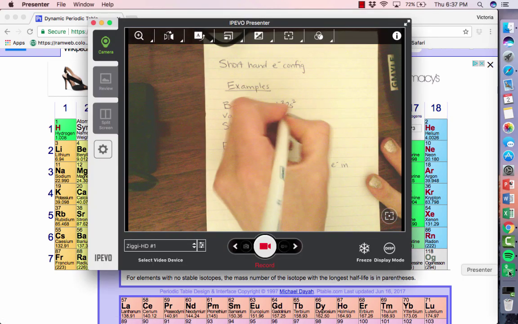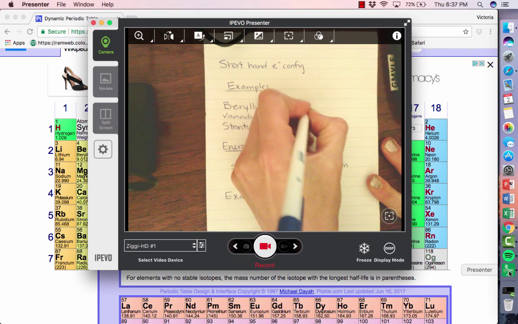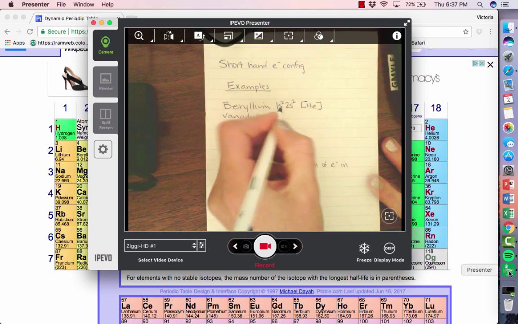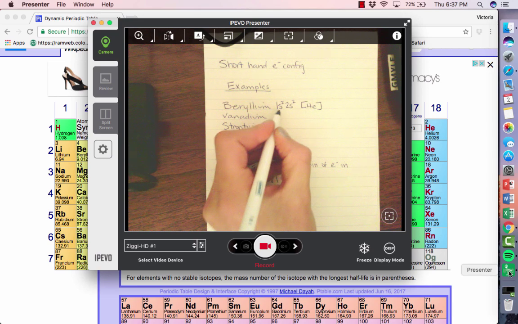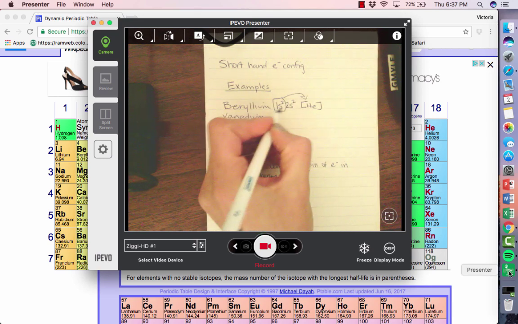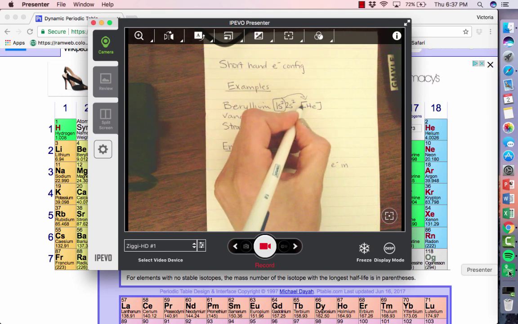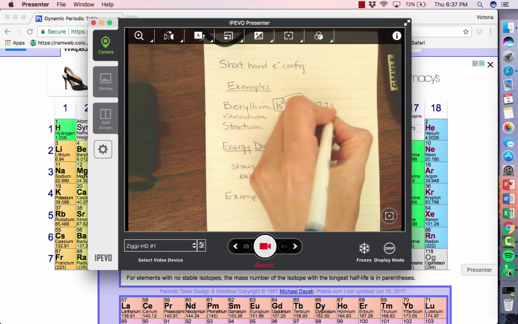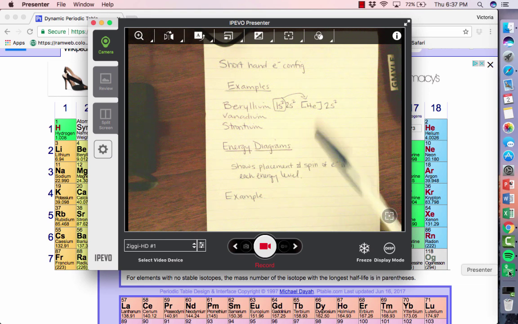So instead of 1s2, 2s2, you start with helium, whose electron configuration is 1s2. So this right here is helium. Instead of writing this, you write the noble gas, and then you proceed with the configuration. So the shorthand notation for beryllium is helium 2s2.